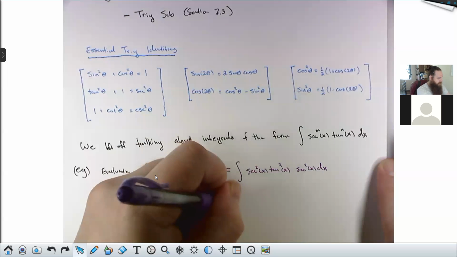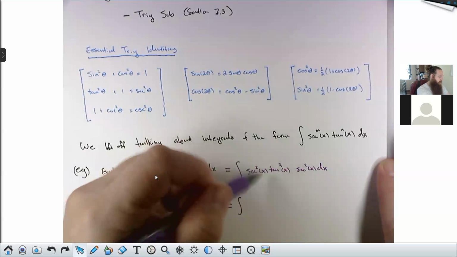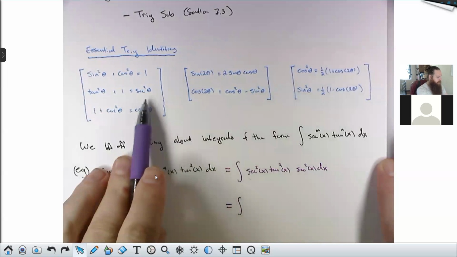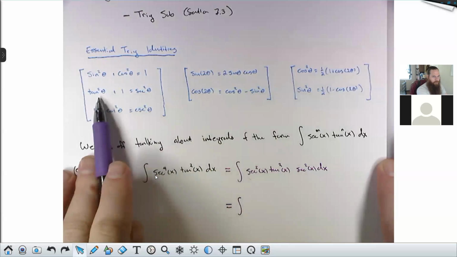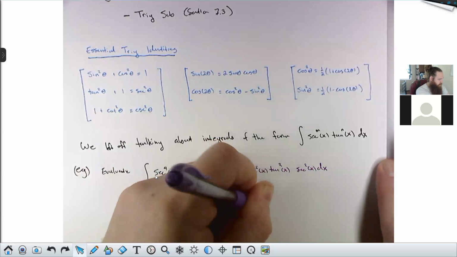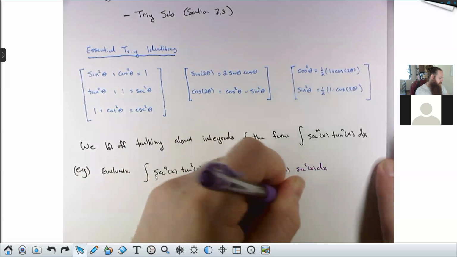Then these remaining powers of secant, I can rewrite them as tangents, which is necessary in order to make that substitution work. Secant squared theta is tangent squared theta plus 1. So secant squared x is tan squared x plus 1.